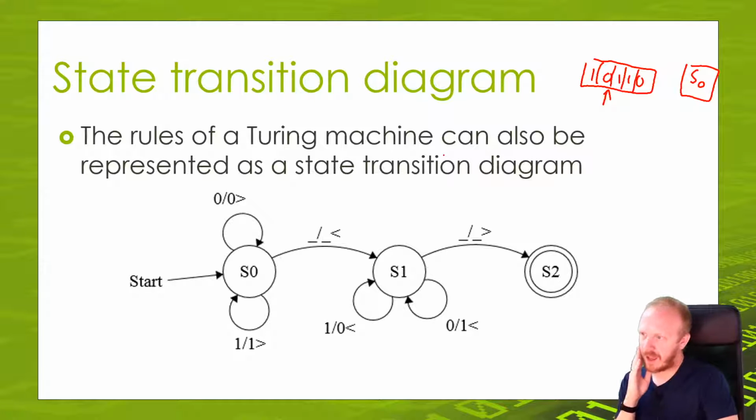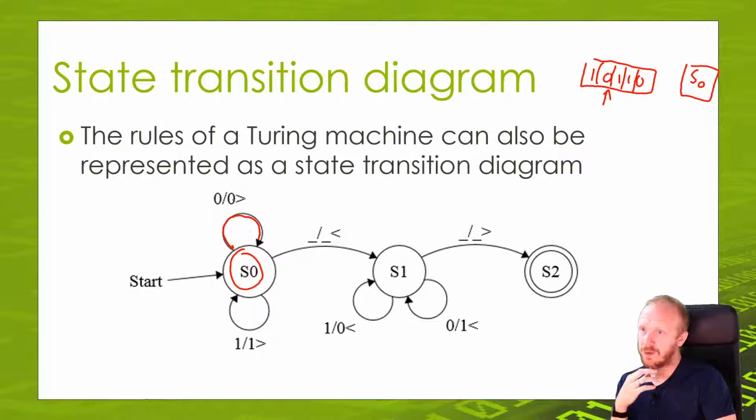Instead of being given a transition function in that format, we're given this finite state machine. Well, we're in state 0, so we know this is the state we should be looking at. We know we're looking at a 0, so we choose the output that starts with 0. So in that case, it's this one. So this is the path we need to follow.